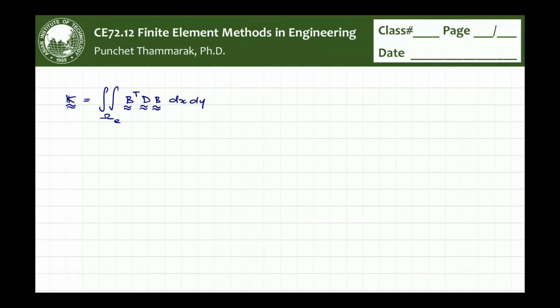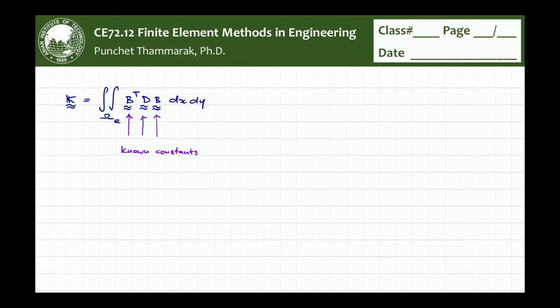But over here, inside the B is a known constant, D is also a known constant, and the other B is also a known constant.